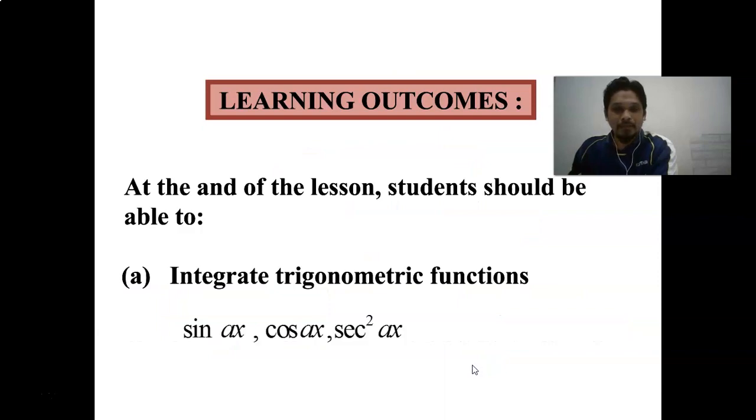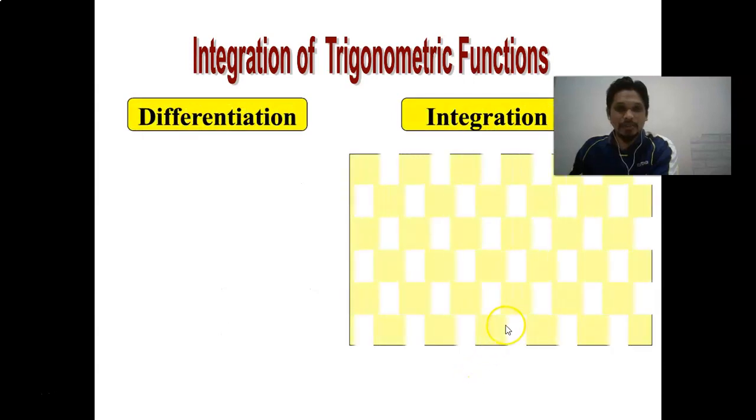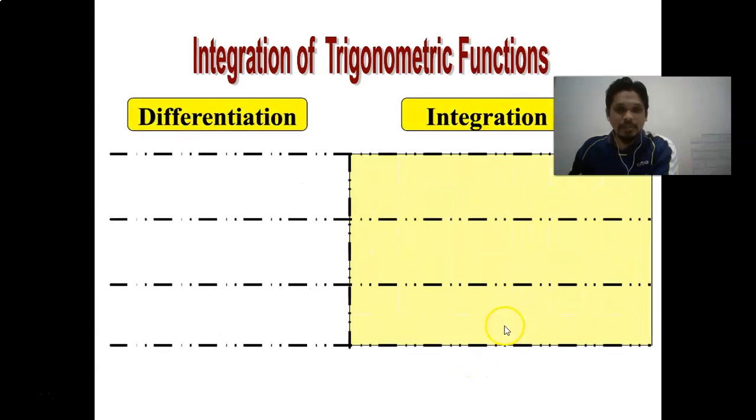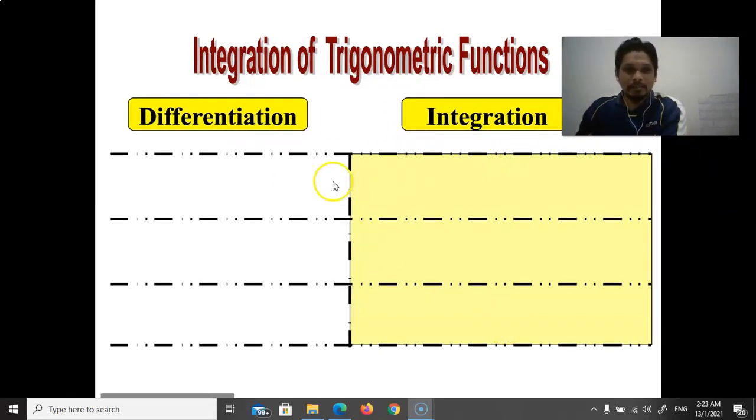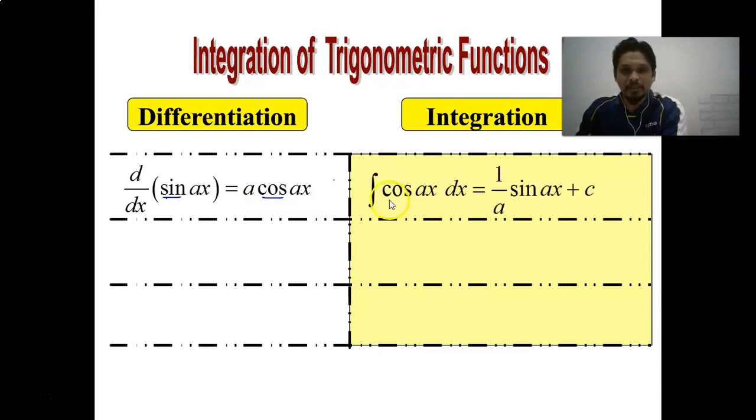you may refer to your lecture notes. We look at the difference between integration of trigo and differentiation of this. Differentiate of sine, it gives you cos. So the integral of cos gives you a sine.